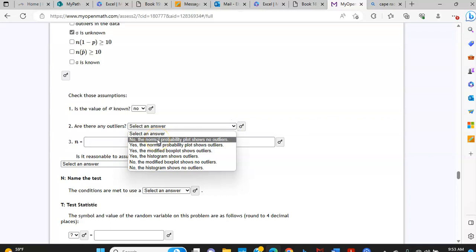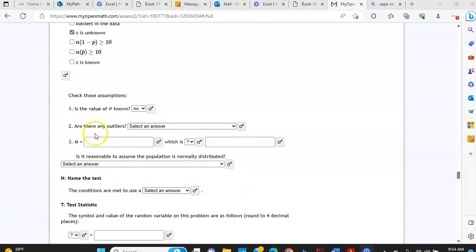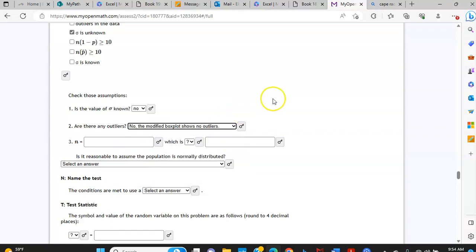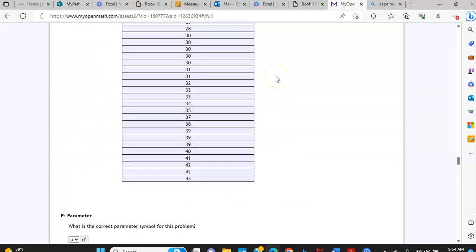And we haven't talked about the normal probability plot, but we have talked about box plots, and we could do a box plot, and we could say no, the box plot shows no outliers. Now, it's not necessary.